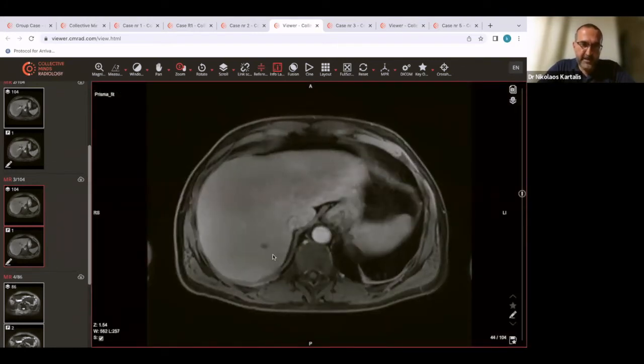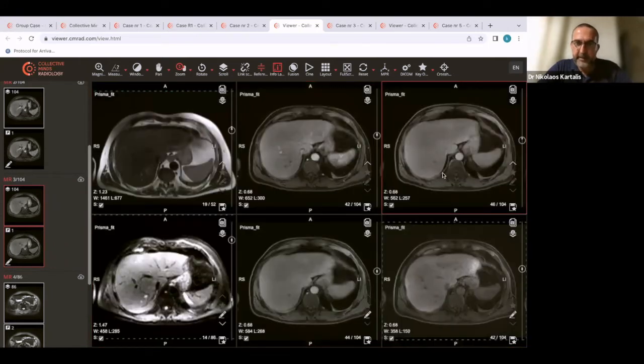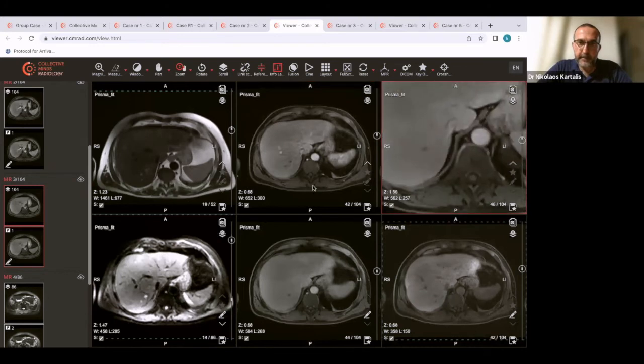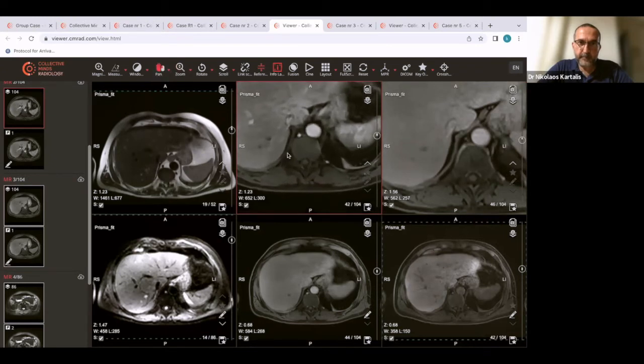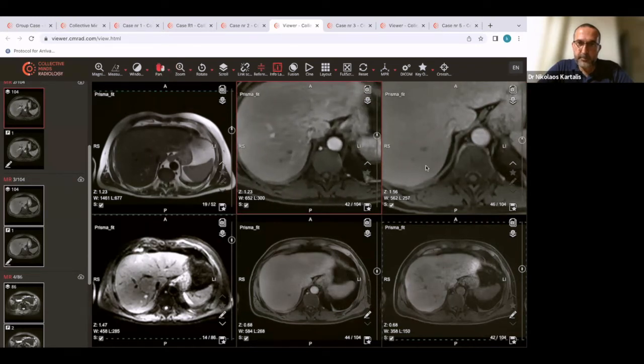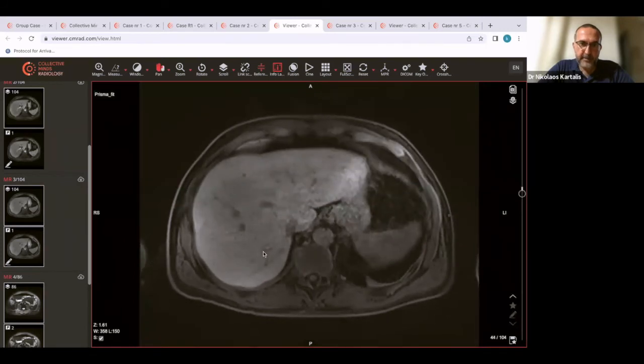We maybe see that the lesions become smaller if we compare this one and this one. These 2, probably they are getting a bit smaller. In the hepatobiliary phase, there is no uptake in either of the 2.